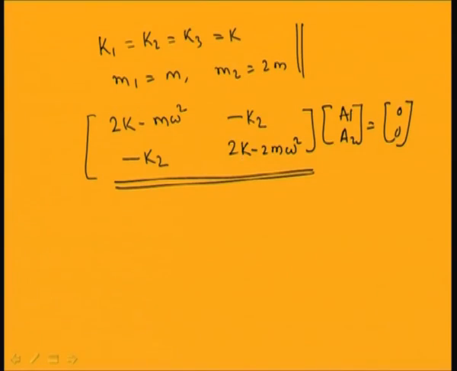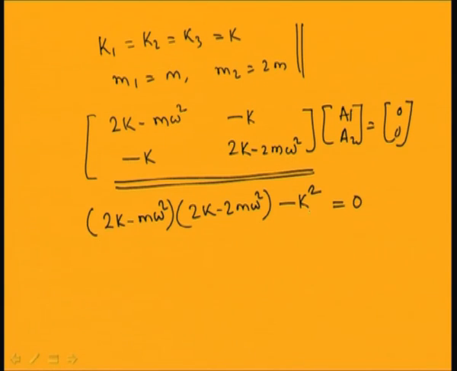So, the determinant is 2k minus m omega square into 2k minus 2m omega square, minus k2 square. I have already taken k2 equal to k, so this becomes k square equal to 0. So, this is the determinant.